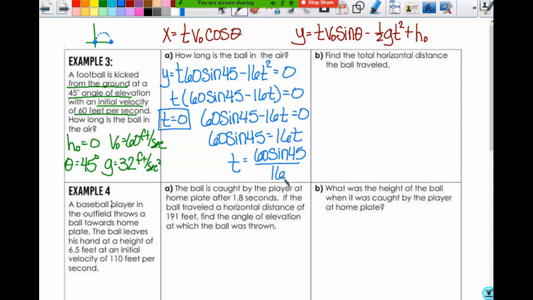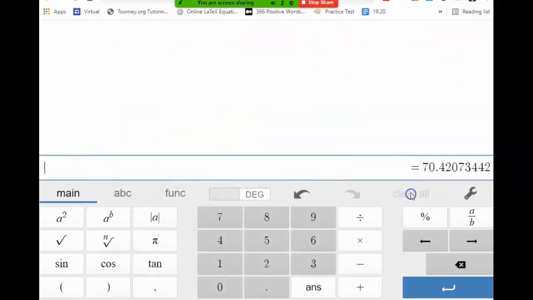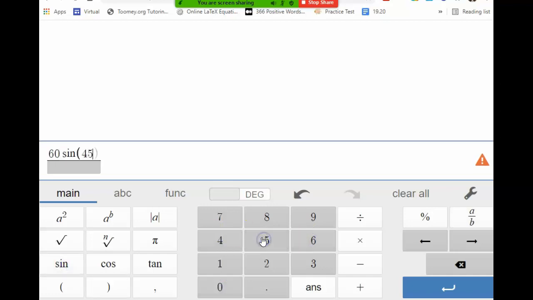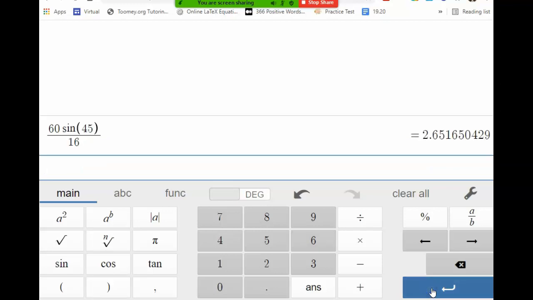Okay, everybody okay with that? So then I'm going to go to my calculator and make a fraction: 60 times the sine of 45 in the numerator, and in the denominator, 16.